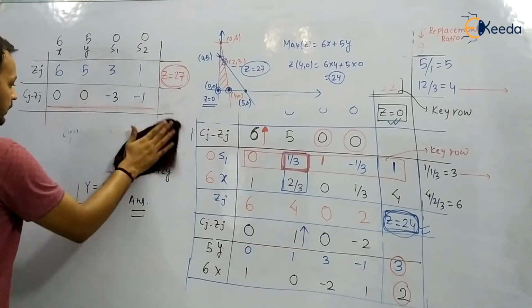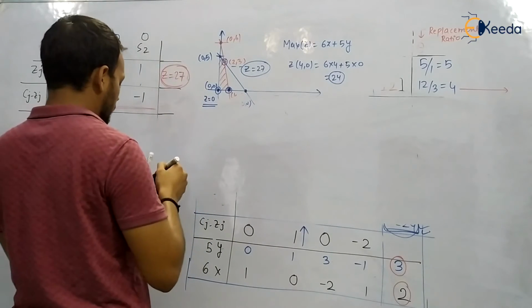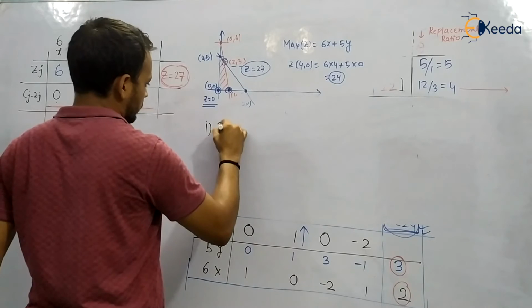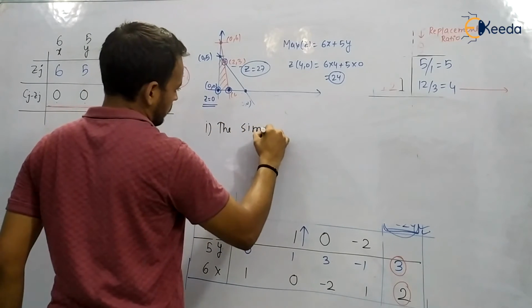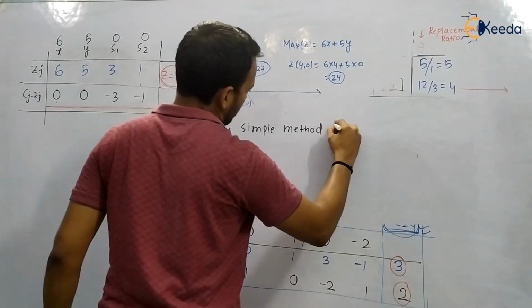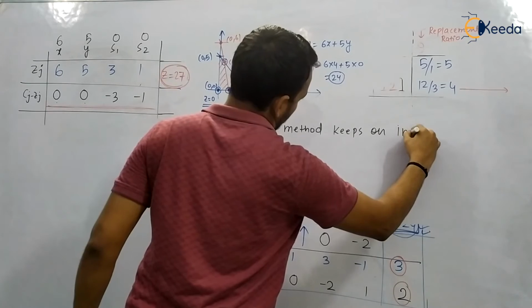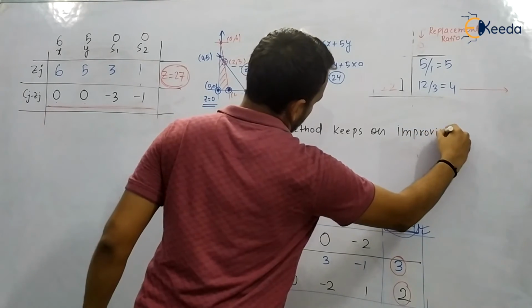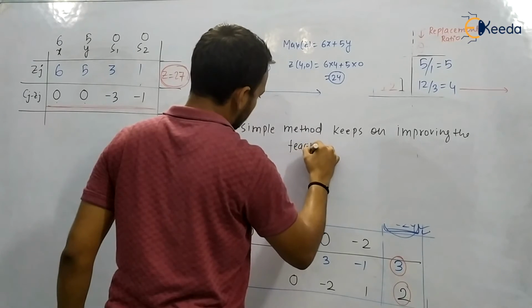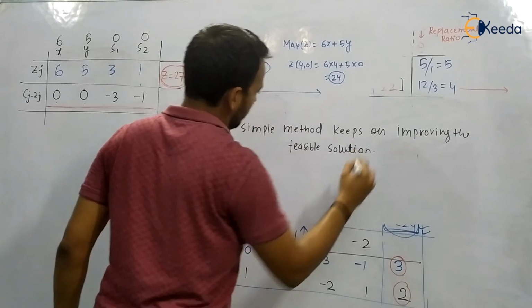So we can write some points. The first point we can write is that the simplex method keeps on improving the feasible solution.